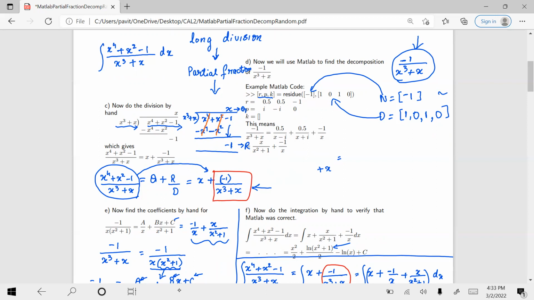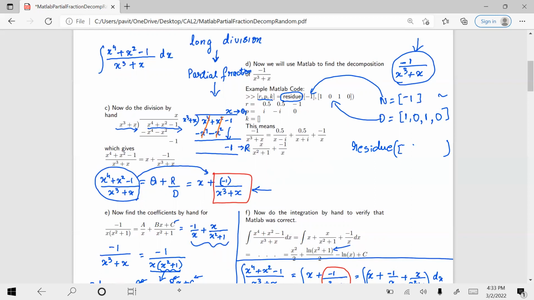Okay. Now, in order to perform partial fractions, residue is the built-in function. We are calling the built-in function residue, and we are going to give two inputs, that is the coefficients of the numerator and the coefficients of the denominator.